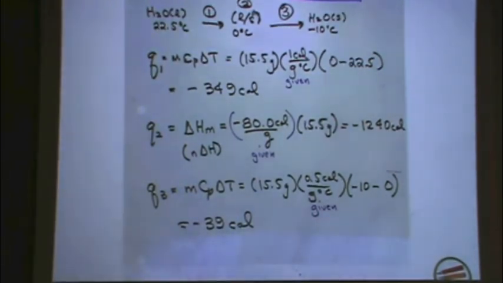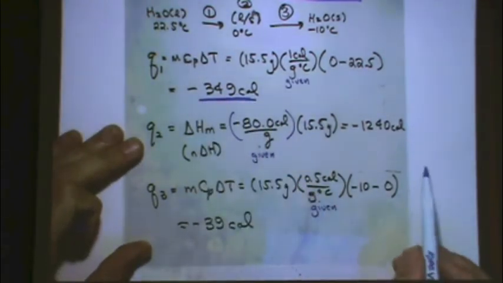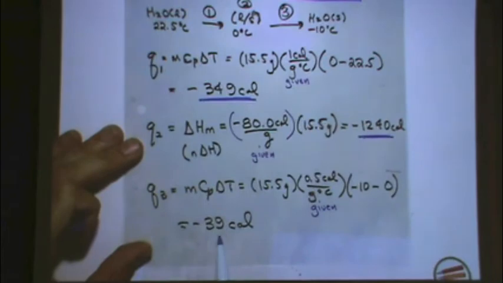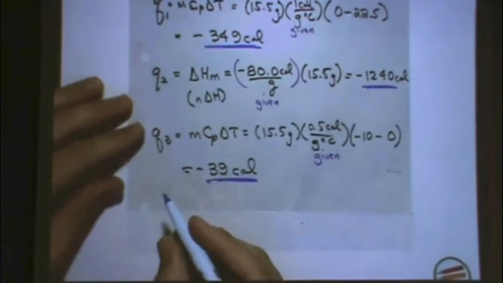Notice again, we get a negative number, that's good. Now I'm going to take this number, and this number, Q1, Q2, and Q3, and I'll merely add them up, and that'll be the total heat that is being removed. Let's do that.